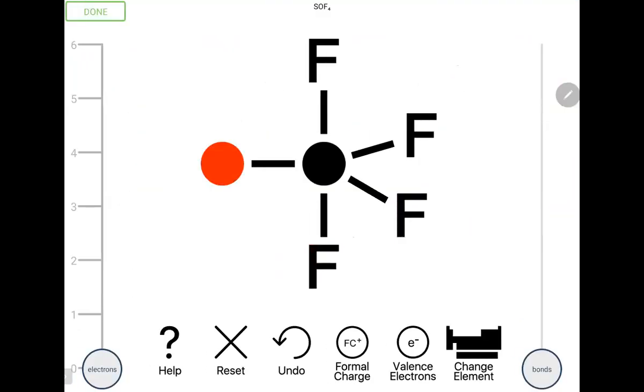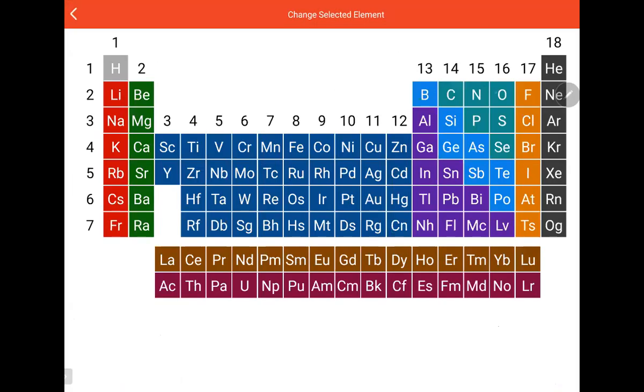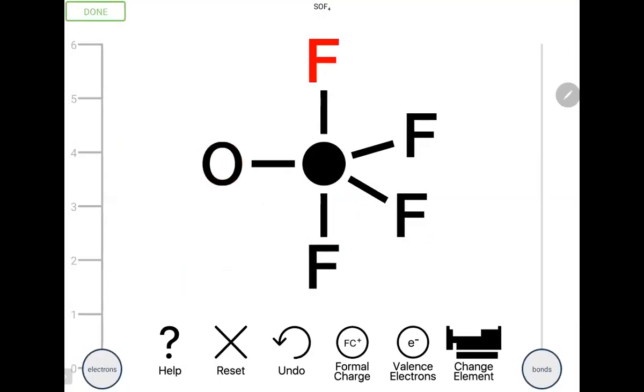Now we know fluorines like single bonds, and they bring 7 valence, so we're going to give them their 6.